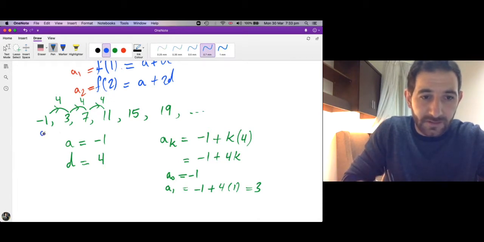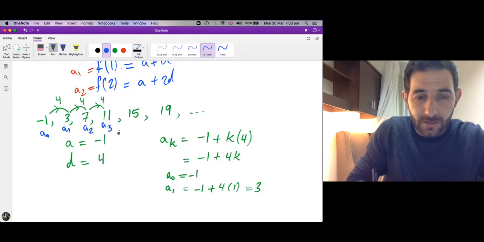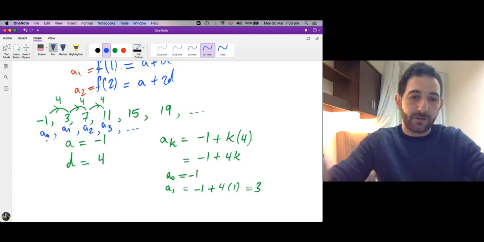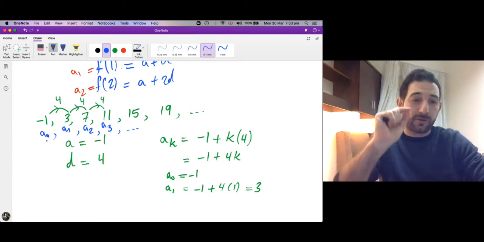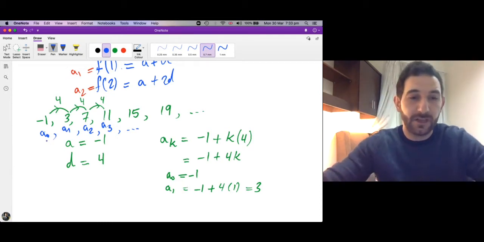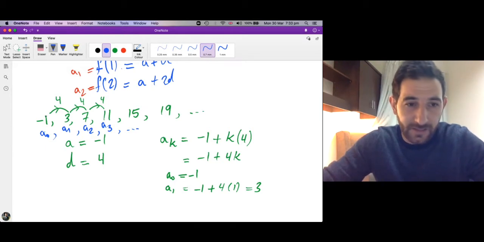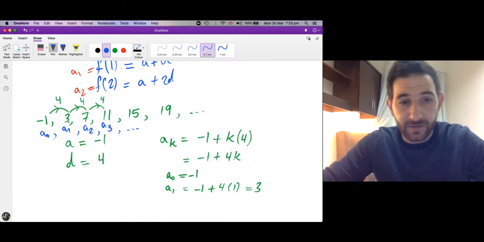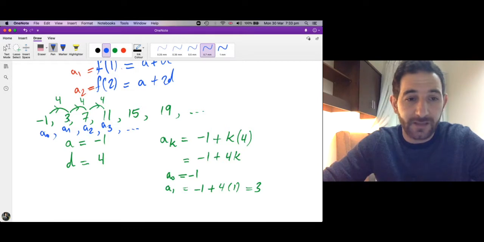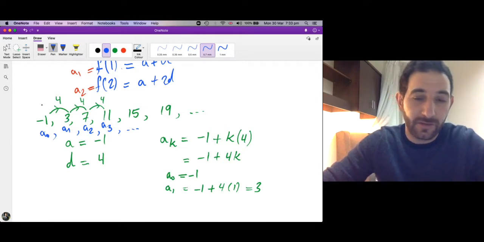So this is a0, this is a1, this is a2, this is a3, and so on. So this is a sequence, but not any sequence, it's a special kind of sequence called an arithmetic progression. And what is an arithmetic progression? Again, it has an initial term, and every time we obtain the new term by adding a fixed amount, a fixed value.